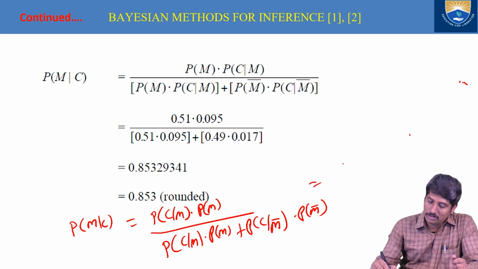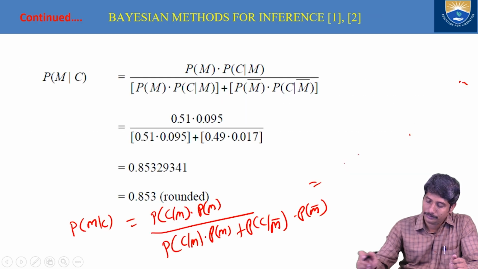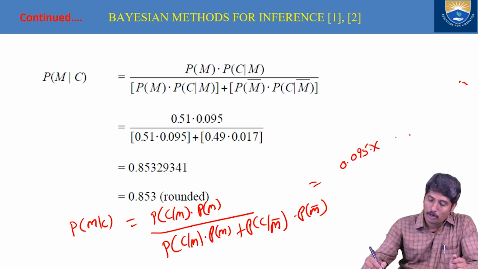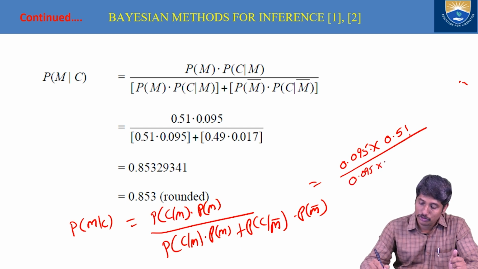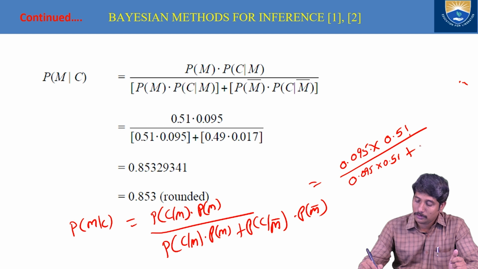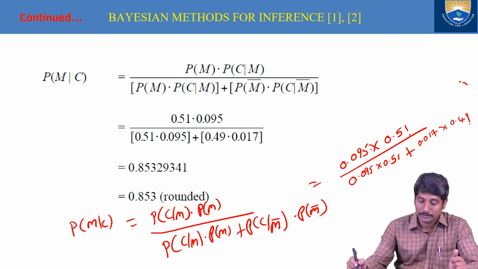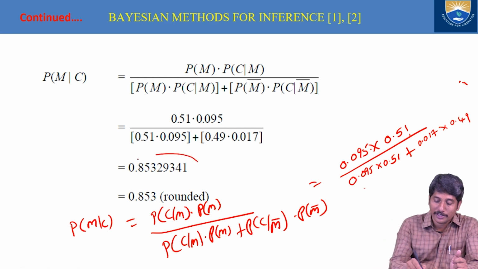P of C given M means 9.5%, that is 0.095, into how many males are there in that county? 51%, 0.51, divided by 0.095 into 0.51 plus the probability of smokers in females, 1.7%, that is 0.017, into how many women are there in that county? 49%, 0.49. Now if you calculate and simplify, you get this answer.